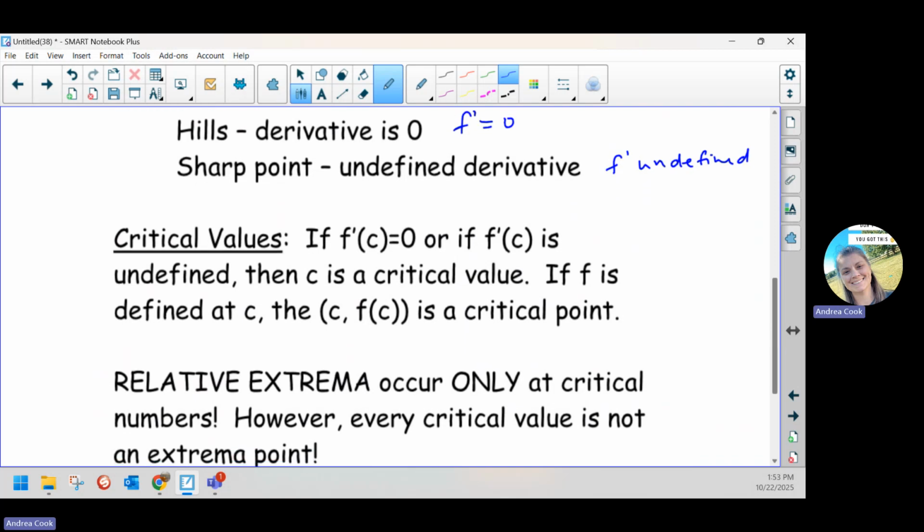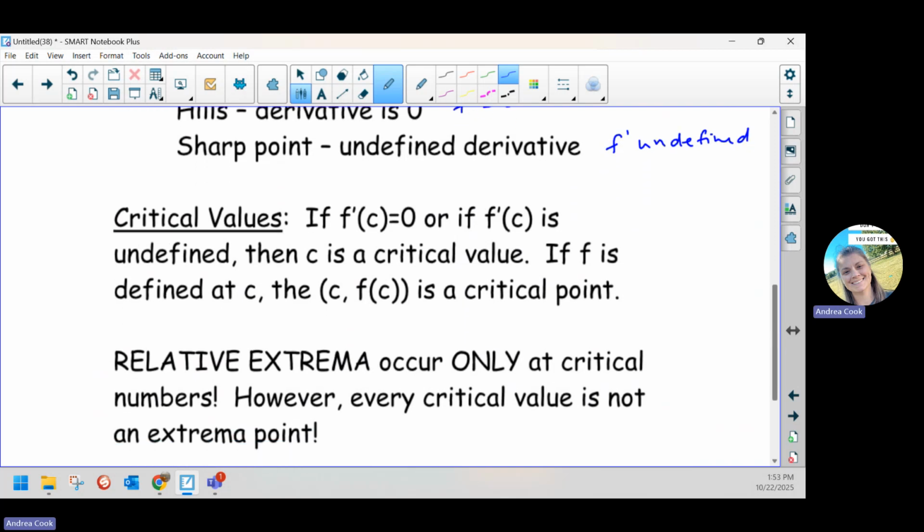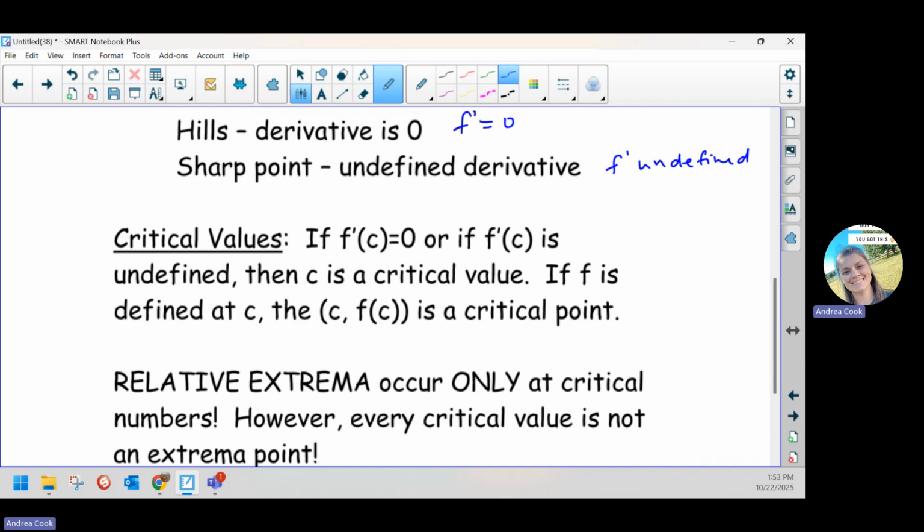Critical values are where the derivative is equal to 0 or where the derivative is undefined. If that happens, then c is considered a critical value.